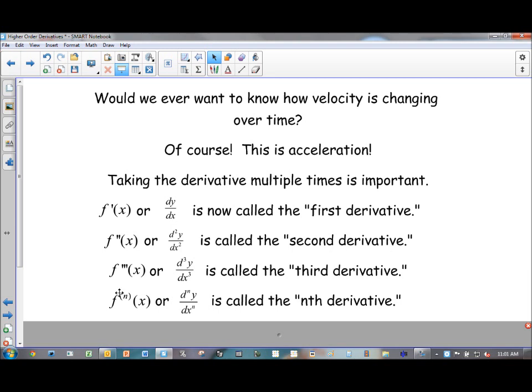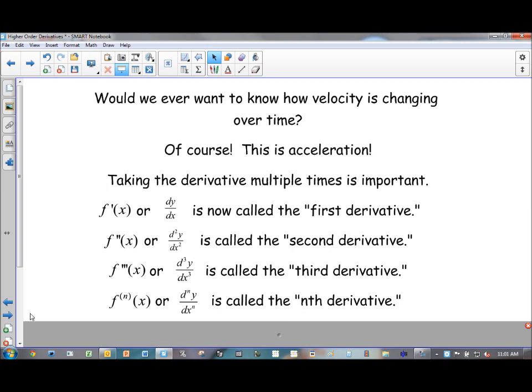So what I do is I might represent the number of tick marks that would have been there by using a number in parentheses up here. So it would be the nth derivative of f of x, or I would use the other notation and say d to the n y dx to the n. And both of those mean I'm taking the derivative n times, however many times that is.